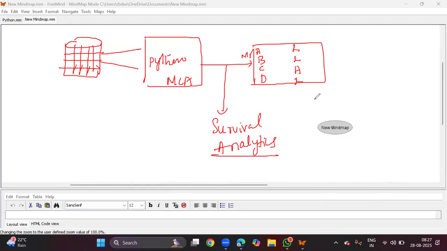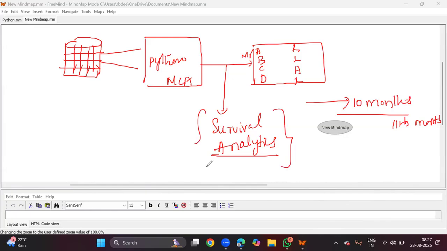It means after how many months person A will be a defaulter. Either 3 months they pay the loan on time, or 10 months they pay on time. Okay, 10 months he pays on time. After 10 months, in the 11th month he is not paying. This analytics will give you information like this.